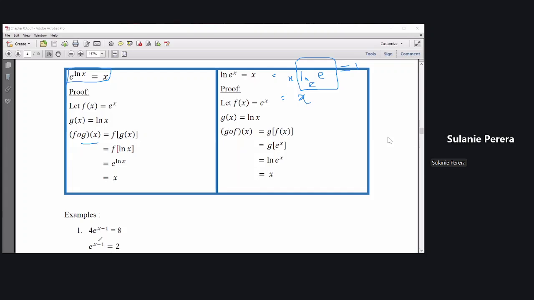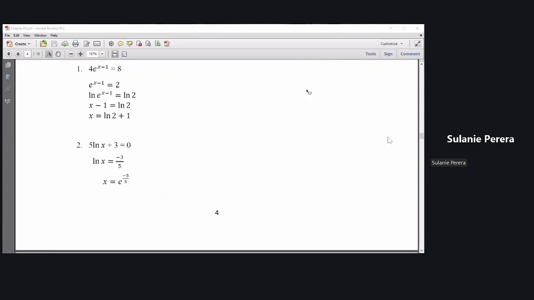Now let's see these problems. First one, 4e to the x minus 1 equals 8. So here again, we can cancel these: e to the x minus 1 is 2. Now we have to remove this e. We know ln e to the x is x.